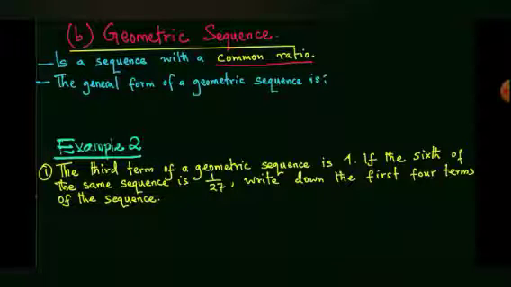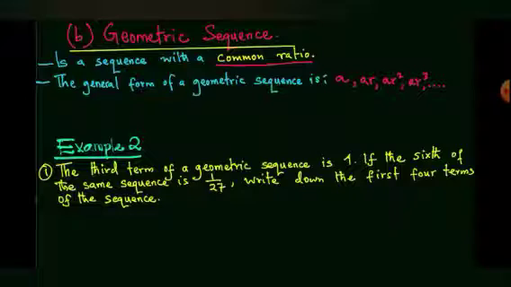Now, in general, for a geometric sequence, the terms are defined by A being the first term, AR being the second term, AR squared being the third term, AR cubed being the fourth term, and so on.